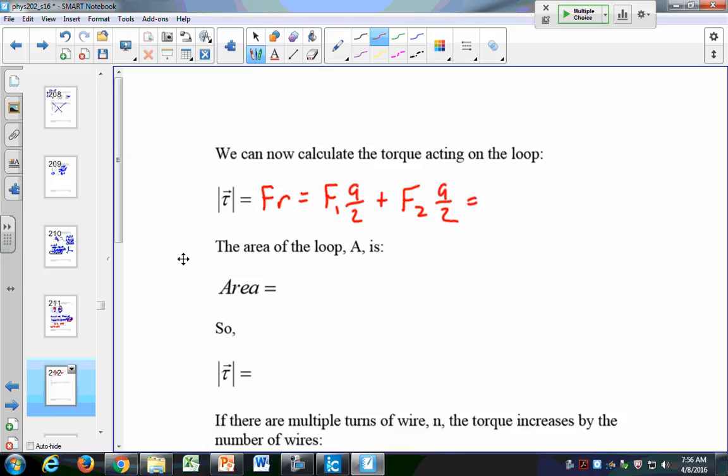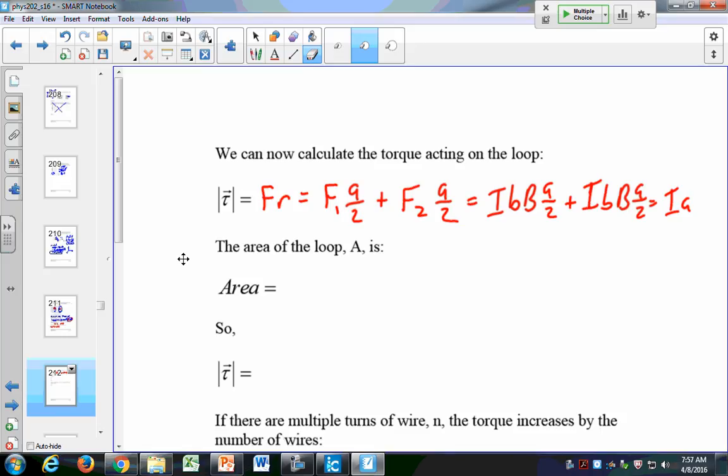Put in our values here. We have I B A over 2, that's just our force, plus I B B over 2, and then this gives us I B A B. Current times the magnetic field times A times B, because if I add up these two A over 2s, they go to just A. Anyway, we're just getting to a more simplified version for the torque.